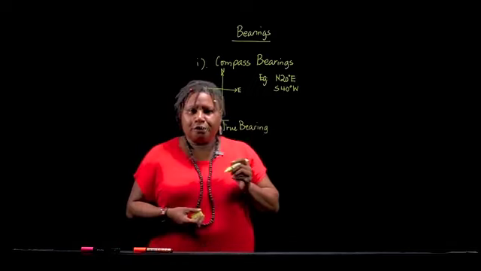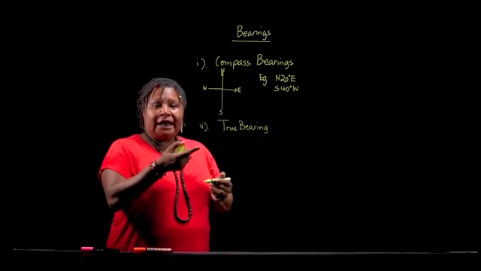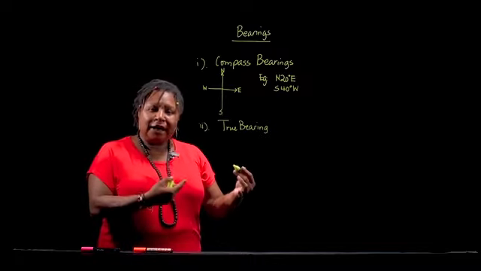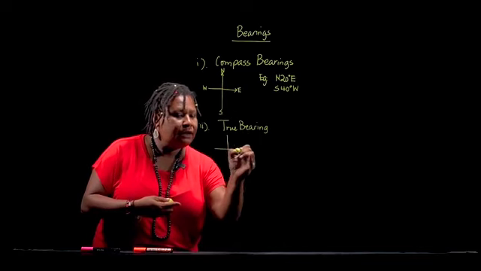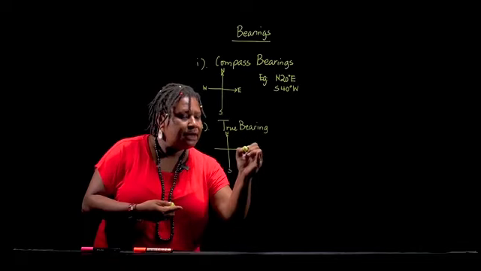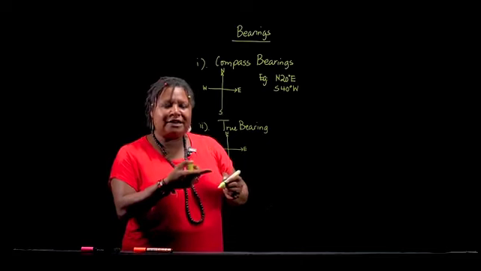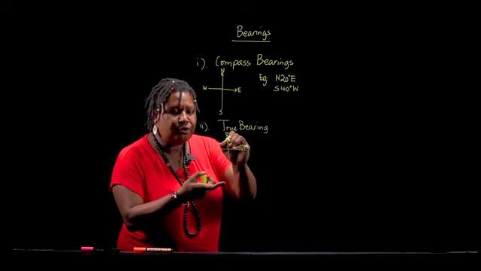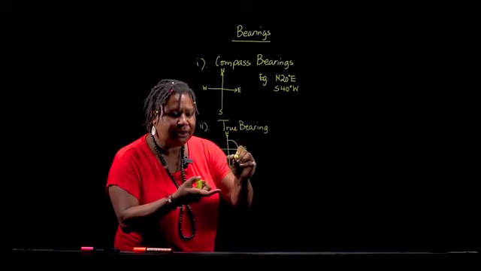The second method of giving a bearing is known as the true bearing. A true bearing gives the bearing as only an angle, an angle that is read from north. Let's say we have north here, and south, east, and west. A true bearing is given as an angle read from true north in a clockwise direction.